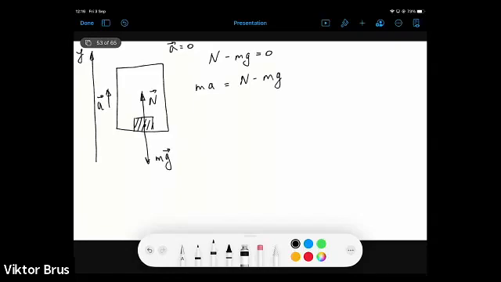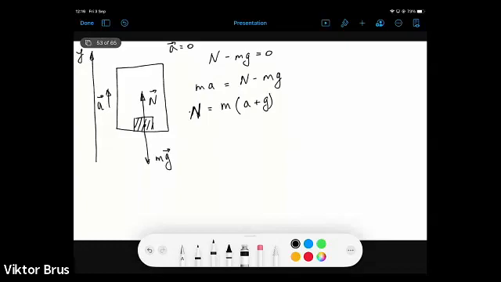So from here, we can already calculate this new reaction force, and it will be equal to m times (a plus g), if we put mg from the right side to the left side and take the mass out of parentheses. So we see that the reaction of the surface increased now because of the additional acceleration, which is pointed upwards.